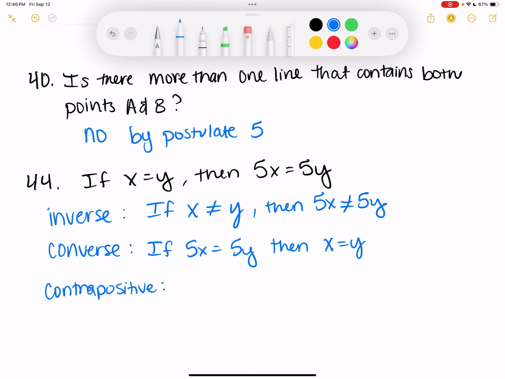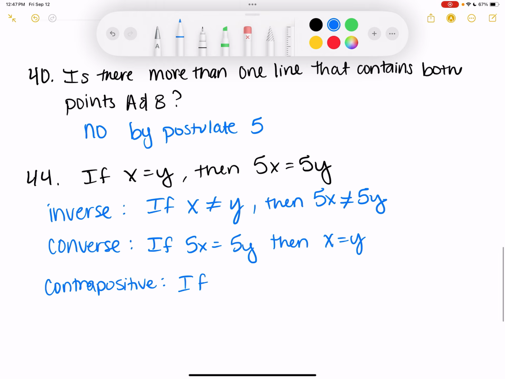So what did I do to make the inverse from the if-then hypothesis statement? Not equal to. I made it not equal to. So then to do the contrapositive, what do you think I need to do to the converse? Make them not equal to. So if 5x is not equal to 5y, then x is not equal to y.